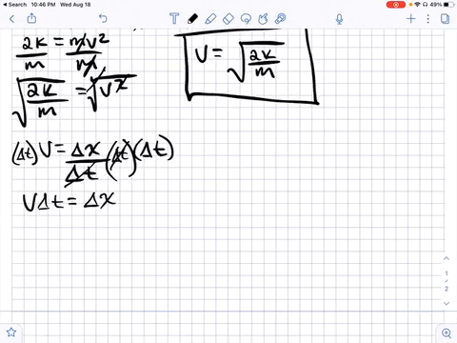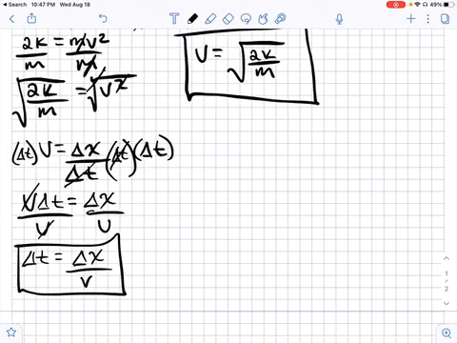So the opposite of that is divide, and we're going to divide by v, and do that to both sides. So the v's cancel, and let's rewrite. We have delta t is equal to delta x all over v. And there is our equation that has delta t isolated.